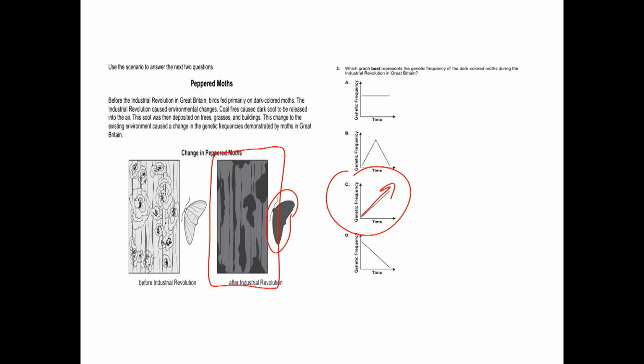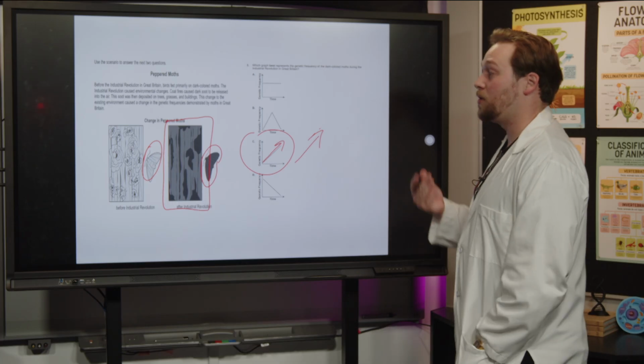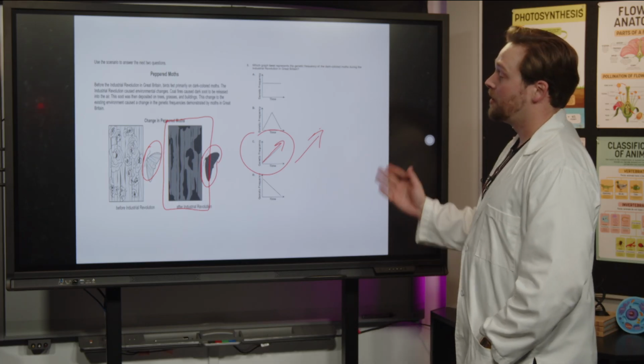Because they're hiding so well on the trees and everything else that's really dark, the birds can't find them as easily, and instead they're eating all these light colored moths. As time goes on, the light colored moths keep getting eaten, the black colored moths make it and keep reproducing, and that means the population of these black colored moths starts to skyrocket. And now today we see a lot more black colored moths than in the past.